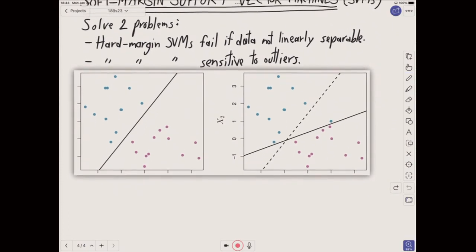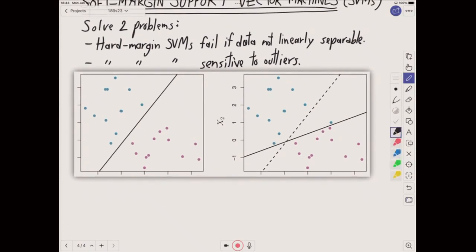So to solve those two problems, here is the new idea. Since we can't always have linearly separable points, we're going to allow some points to violate the margin. And the way we implement that is that we introduce to our optimization problem something called slack variables.